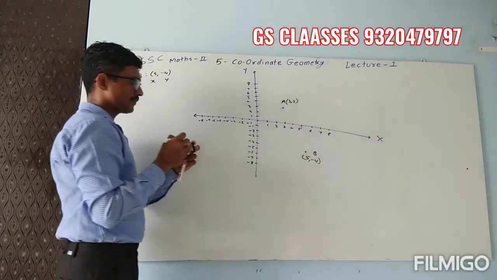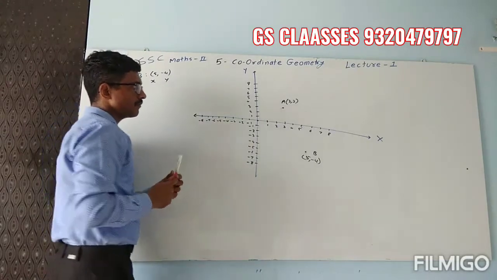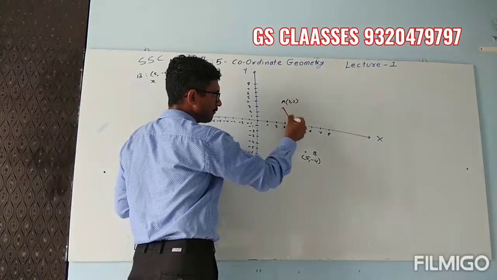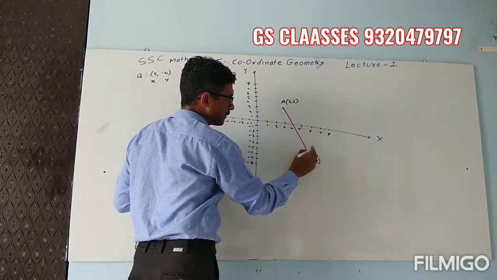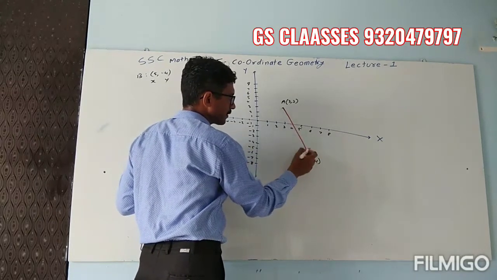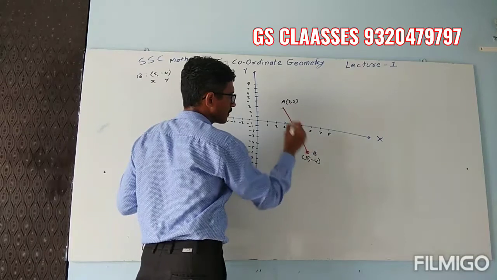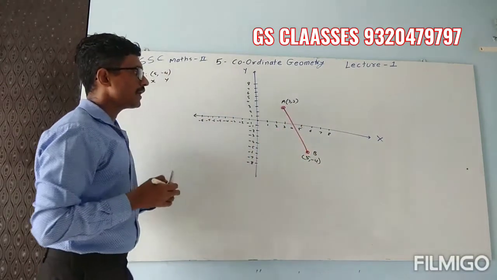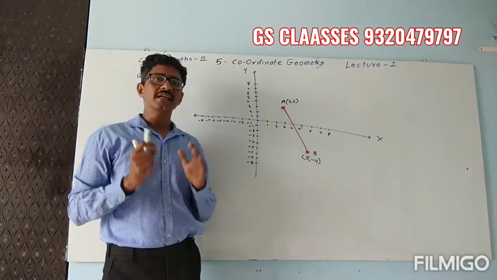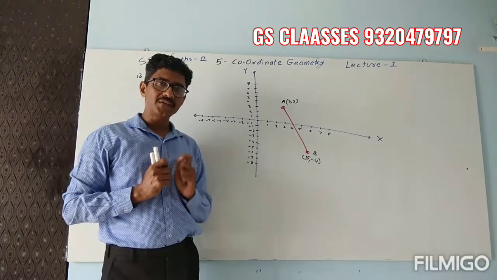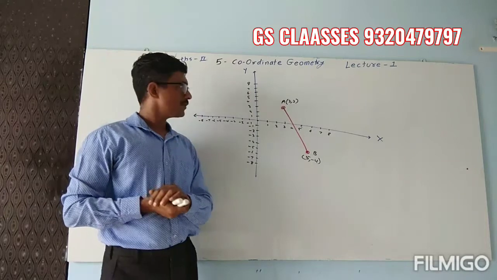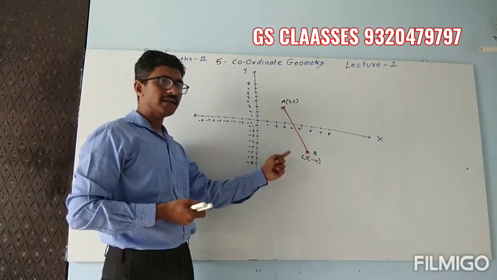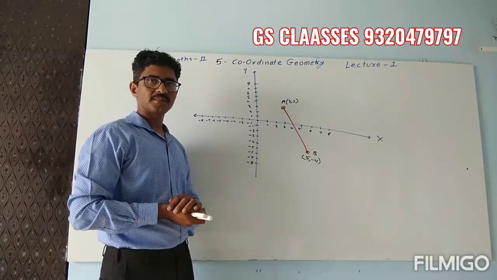Suppose you have to find the distance between these 2 points, point A and point B. What do you have to do?